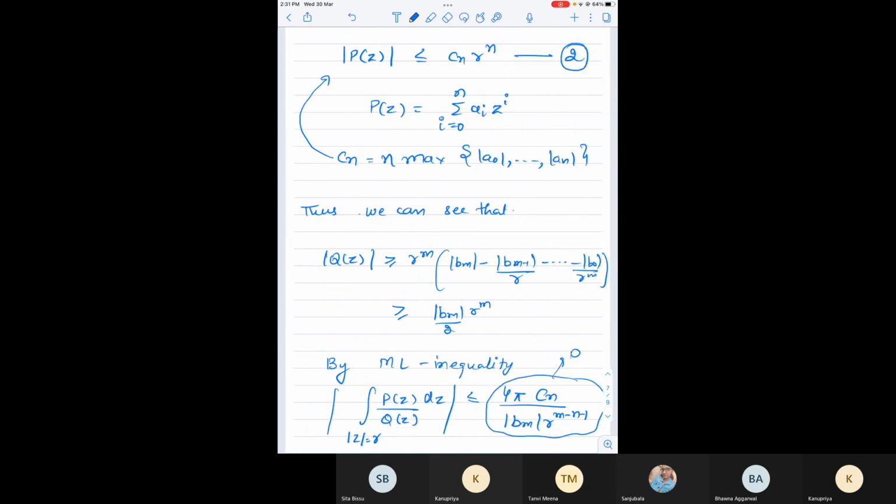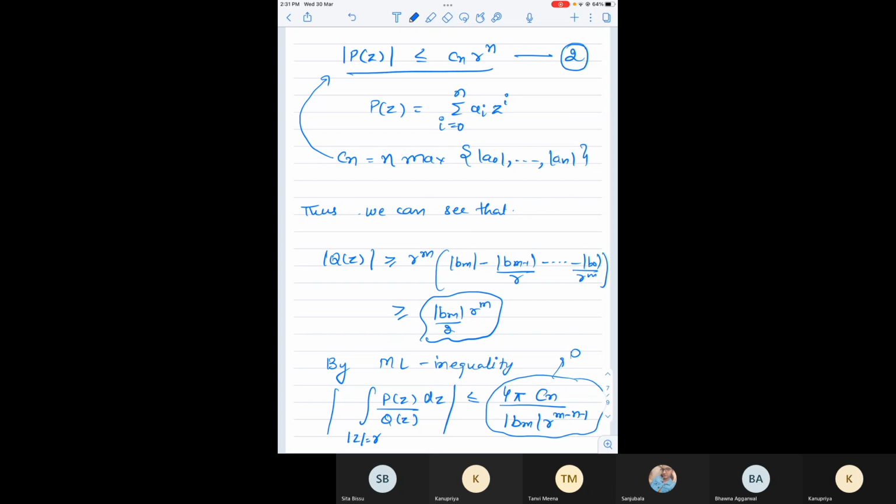Now we can observe that the mod of QZ will be greater than this expression in terms of the Bi's and R, and the mod of PZ is less than the corresponding bound, because QZ is in the denominator and we have to show it greater. Now using the ML inequality, we can show that this is less than 4 pi Cn upon mod Bm times R^(m minus n minus 1).